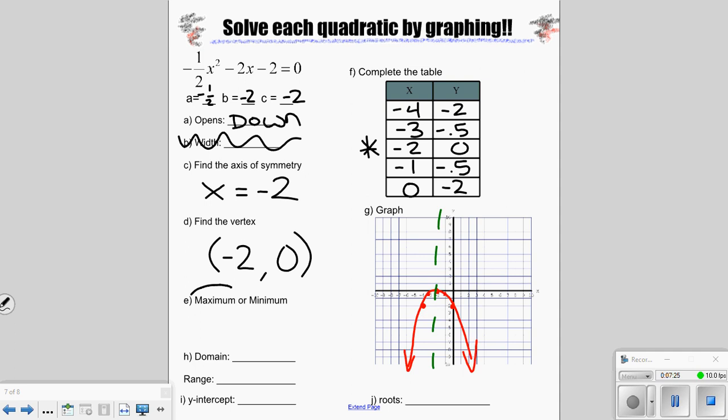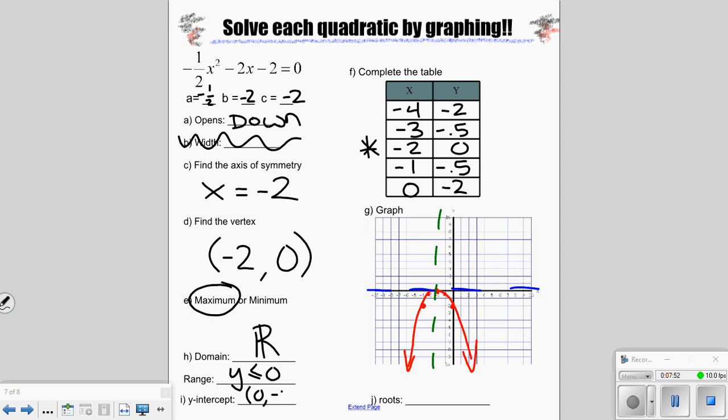The domain is all real numbers. The range, in this case, our y value never gets above 0, so it's going to be y is less than or equal to 0. The y-intercept is where our x value is equal to 0, so it is going to be 0, -2.